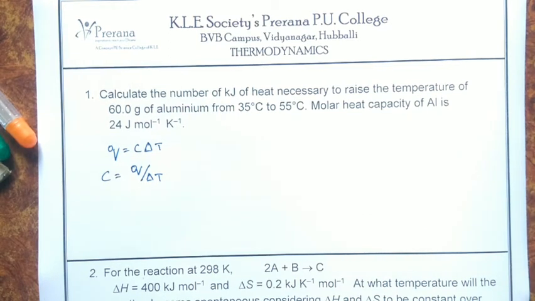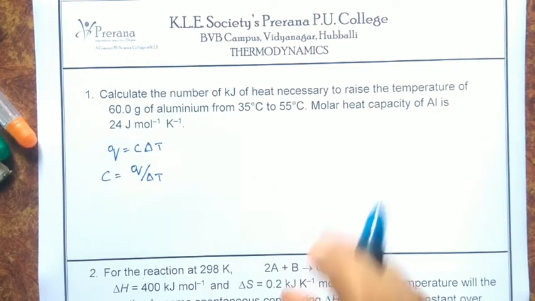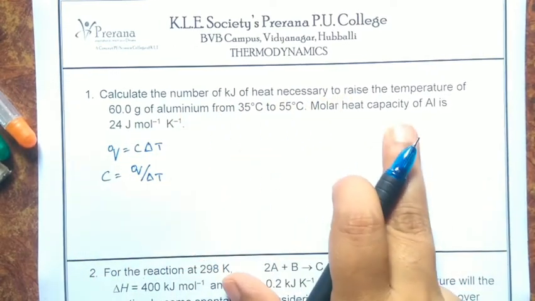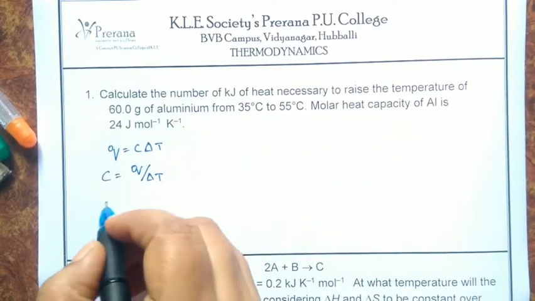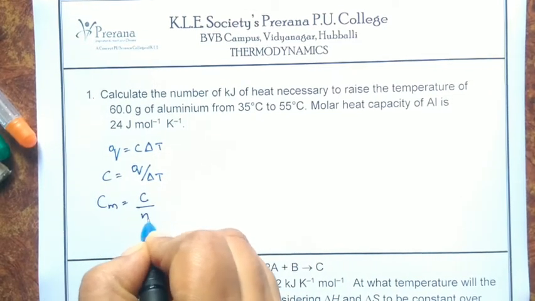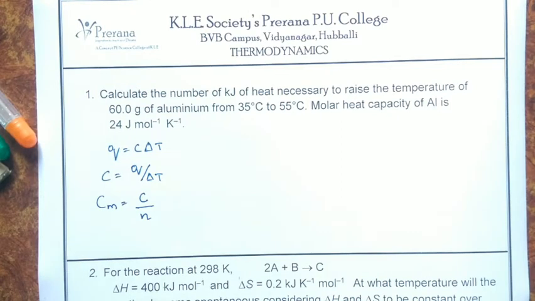So molar heat capacity is given and the heat we need to find. Molar heat capacity is equal to heat capacity divided by number of moles.